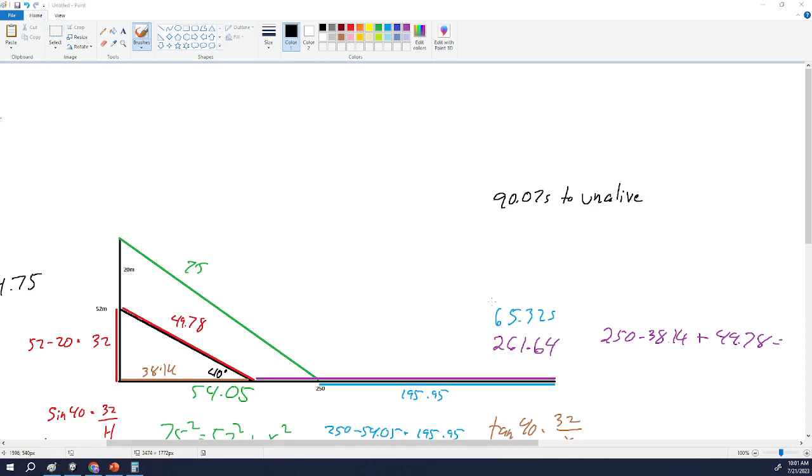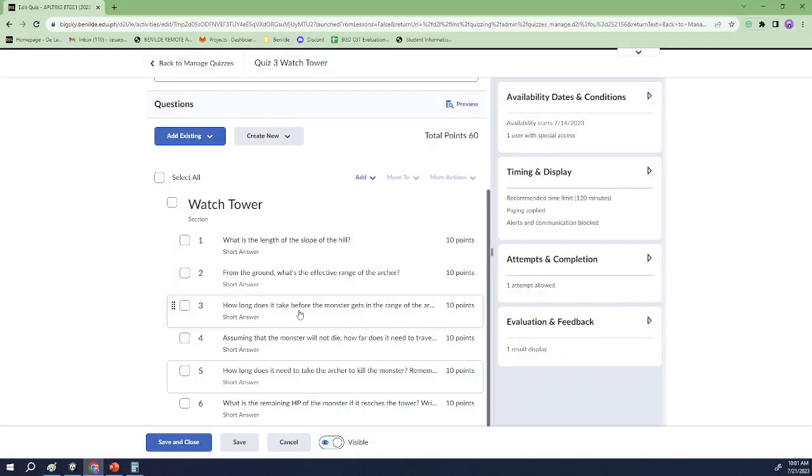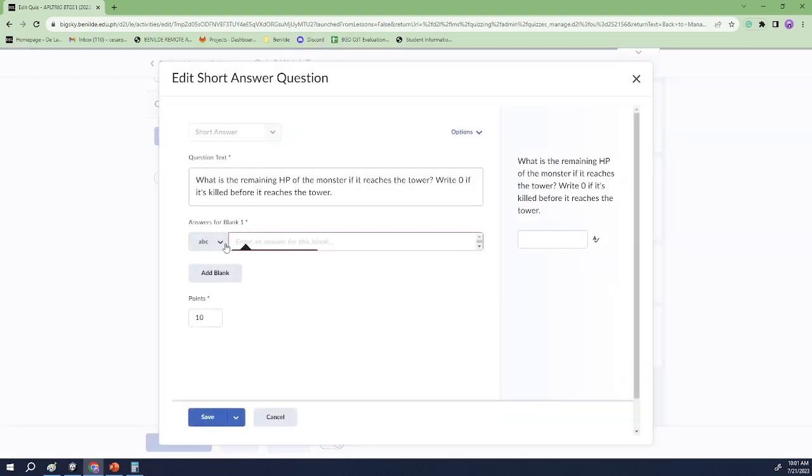All right. Any questions here? Wala. Okay, okay. Now, finally, what is the remaining HP of the monster if it reaches the tower? Right? Zero if it's killed before it reaches the tower.